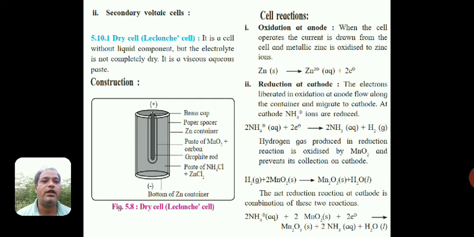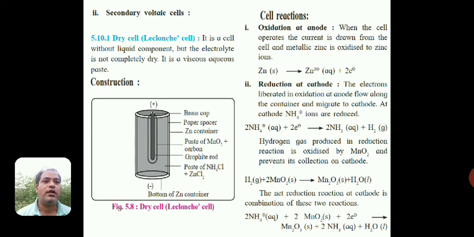In the vicinity of the graphite rod there is a paste of MnO2 plus carbon. The Zn container and the paste are separated by a paper spacer, and at the top they use a brass cap. So this is the description of the diagram.